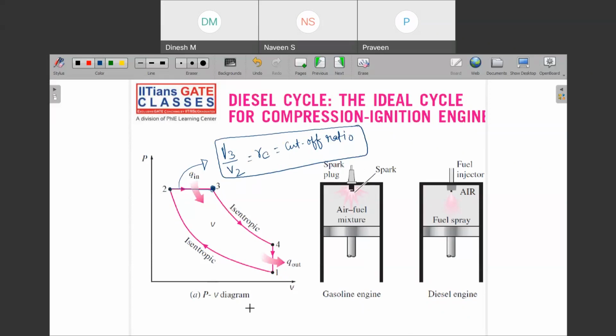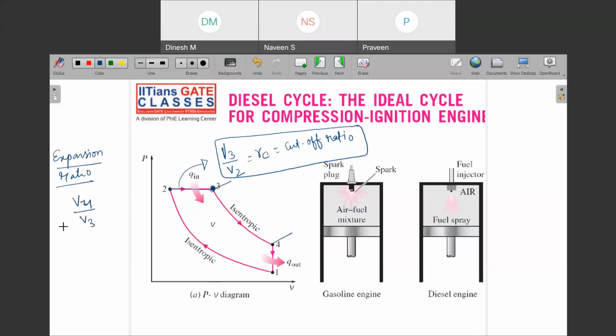And then we have the expansion ratio. So what is the expansion ratio? This is the ratio of these volumes, V4 upon V3. So expansion ratio is V4 upon V3.